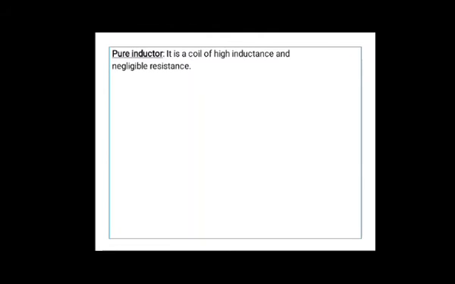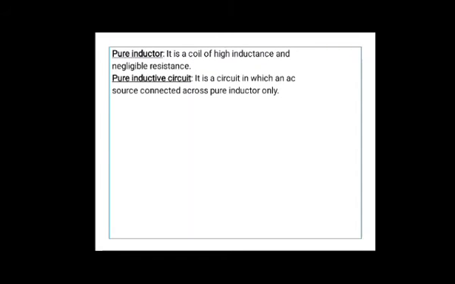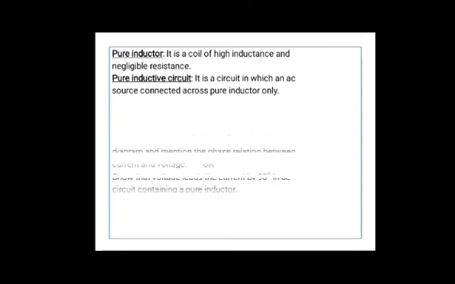A pure inductor is a coil having high inductance, but what about the resistance? Negligible resistance. Such an inductor we can call a pure inductor. Then what is a pure inductive circuit? It is a circuit in which an AC source is connected across a pure inductor.